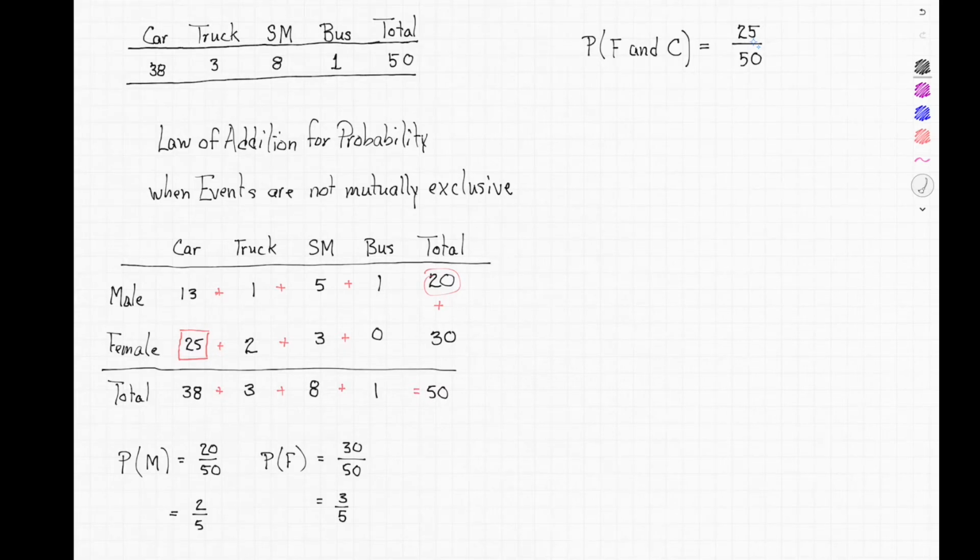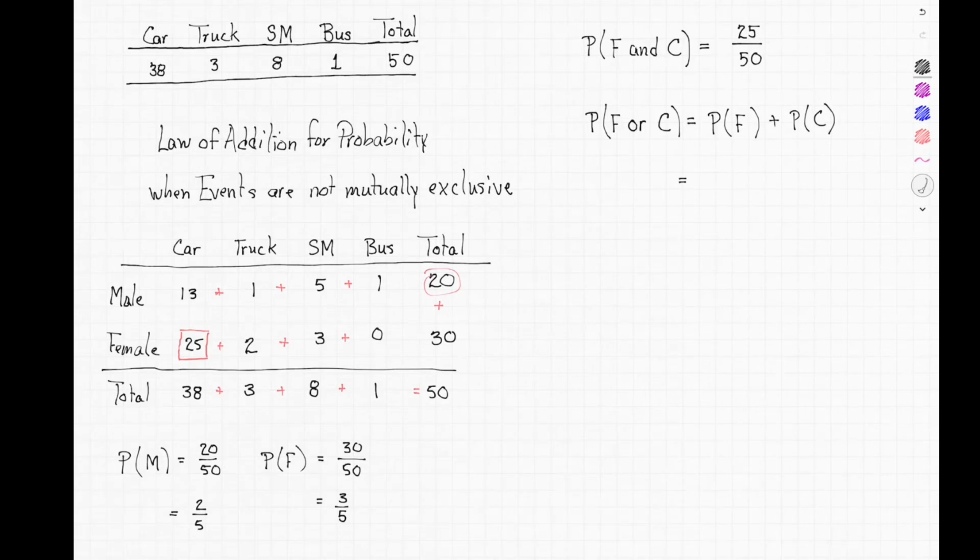Okay. Now, let's try this. What is the probability of randomly selecting a student that's either female or drives a car? Well, let's start this problem exactly as we learned for an or statement. That means add. So that would be the probability of a female plus the probability of driving a car.